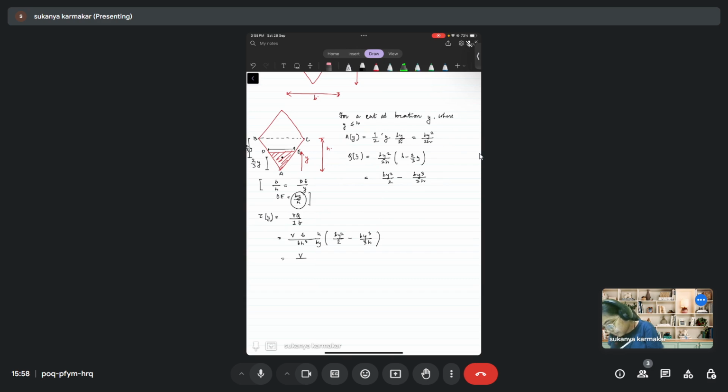Now you can simplify this. You can take b common from this, and you can take y squared common, and you have a 6 outside, so let's take that inside. I'll take y common, so I have a y.